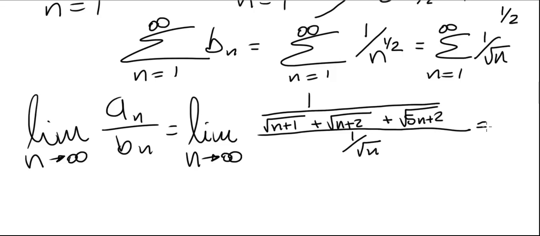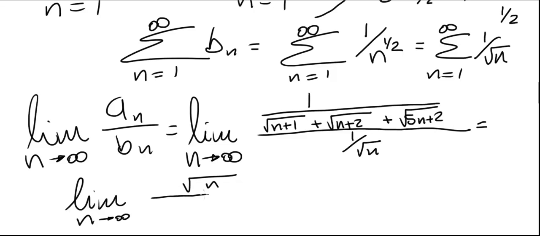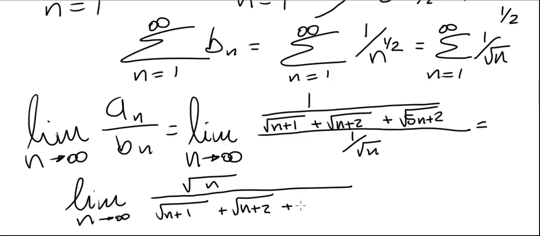Let's use some algebra and evaluate this limit. This is the limit as n approaches infinity. We can rewrite it as square root of n in the numerator divided by the square root of n plus 1 plus the square root of n plus 2 plus the square root of 5n plus 2.